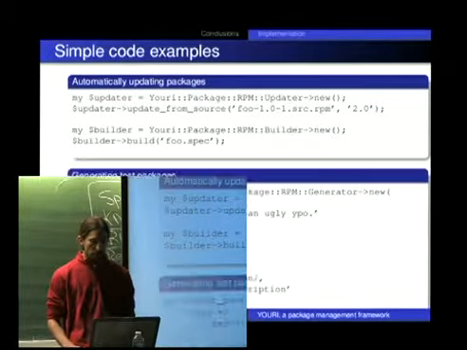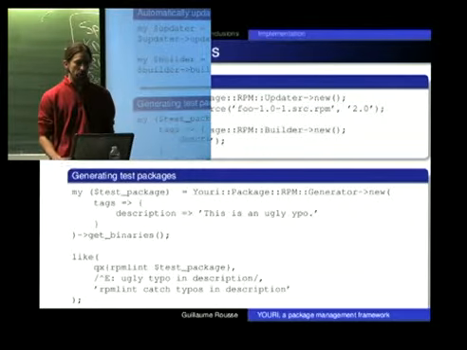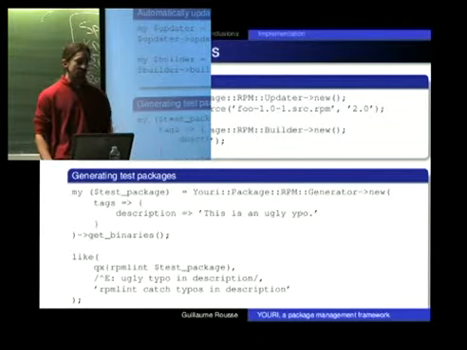You can also, with another module, automatically create a fake package for testing purposes. For instance, you have a tool, RPM lint, that is able to catch typos in descriptions. Or you do test it in an automated manner, for instance, for regression tests.